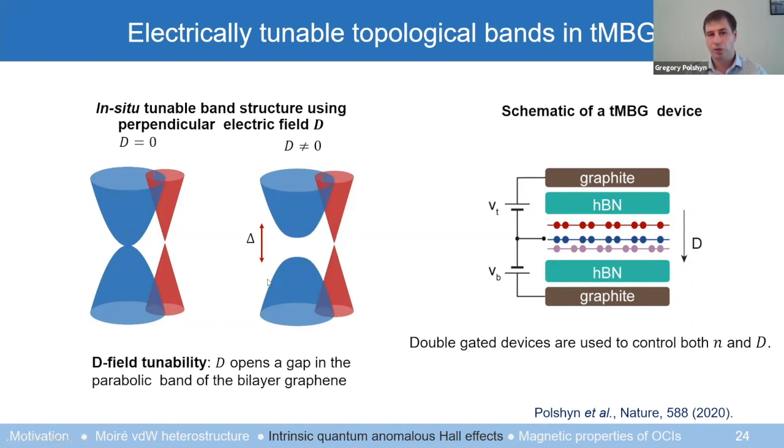So twisted monobi will also inherit this displacement field tunability, which is very convenient in situ. In our devices of this type, we have twisted monobi sandwiched between two graphite gates. By independently controlling these two gate voltages, we can separately tune both the total carrier density and the displacement field, which gives us full control over this system.